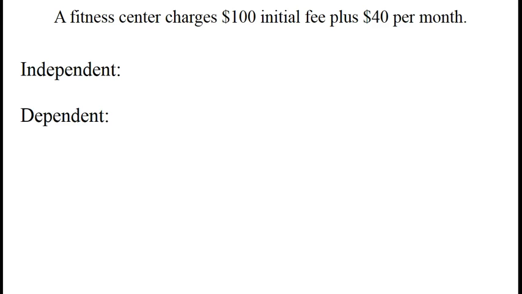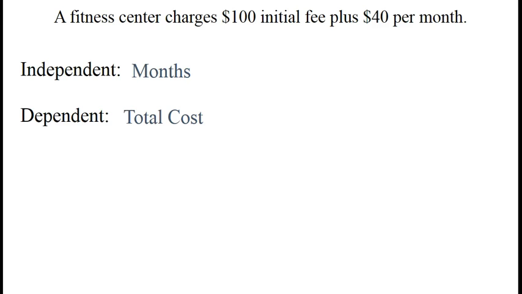We're always going to have that $100, but we're going to be charged $40 for every month. So our month is going to be our independent variable because our total cost is going to depend on the amount of months that we are part of this fitness center. So my independent variable being months, my dependent variable being total cost.